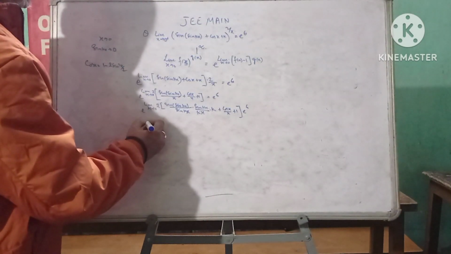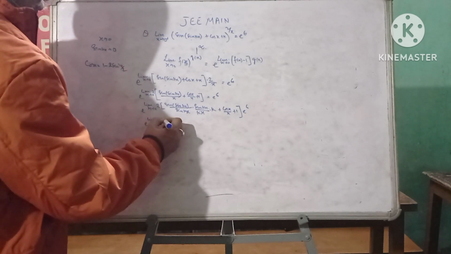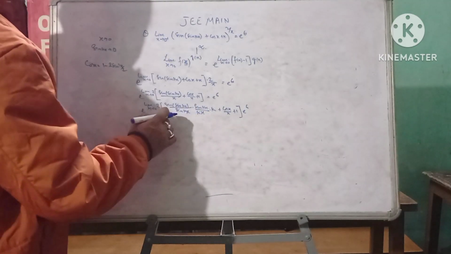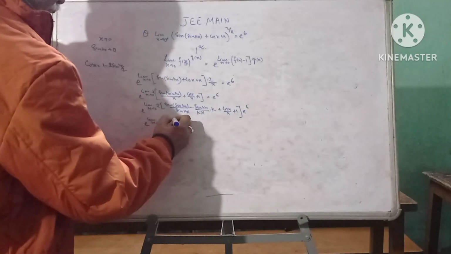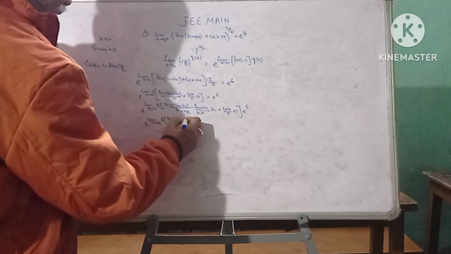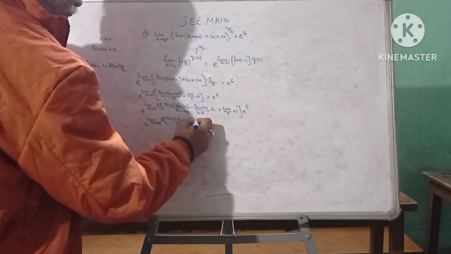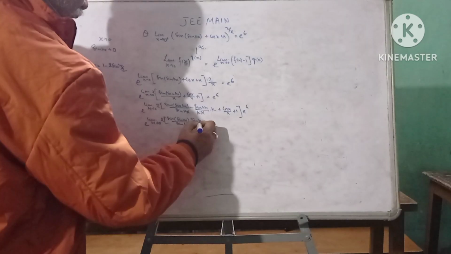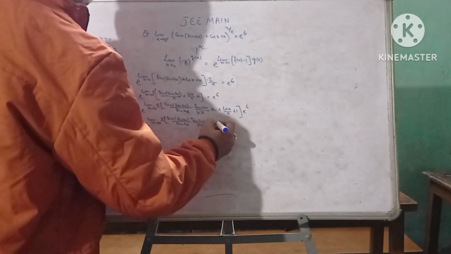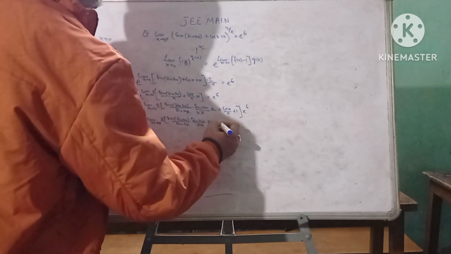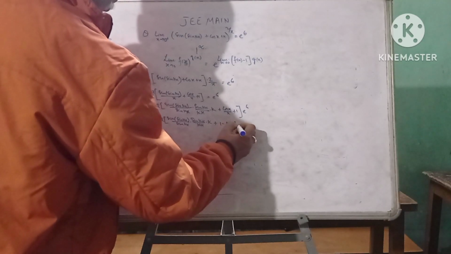So this will be e to the power of the limit as x tends to 0, this is 2, and this whole will be 1. So at last we'll take the limit. Sin kx by sin kx into sin kx by kx into k, and here we are going to write plus 1 minus 2 sin square x by 2.